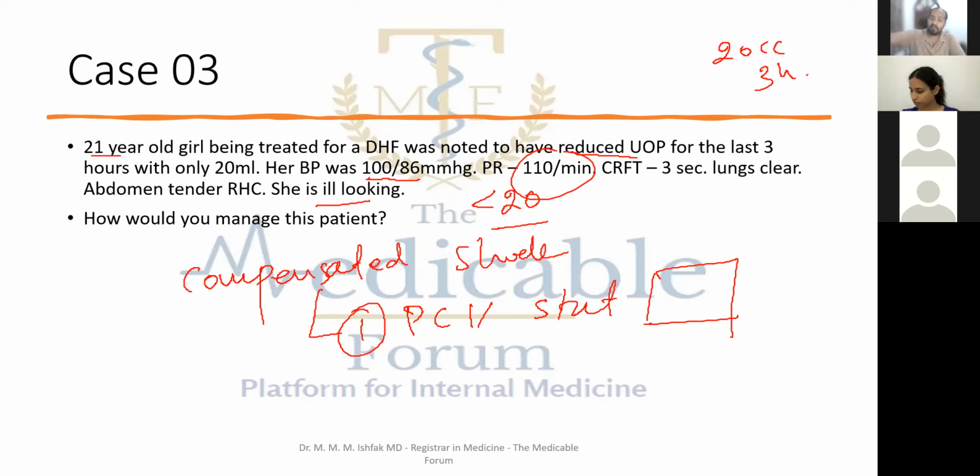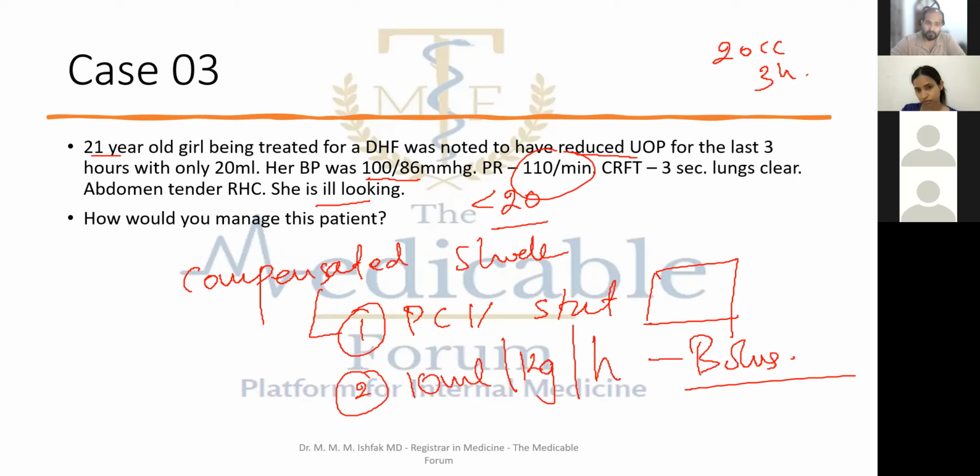While you send the blood for PCV, while they are putting it in the machine, start 10 ml per kg over 1 hour bolus. That is how you manage shock, right? I'll teach you how to manage shock with the algorithm given.